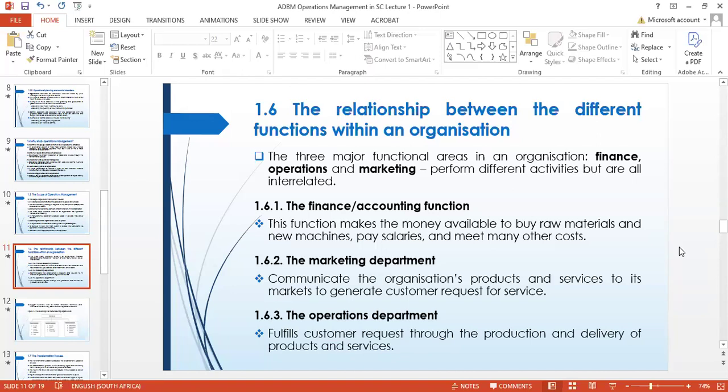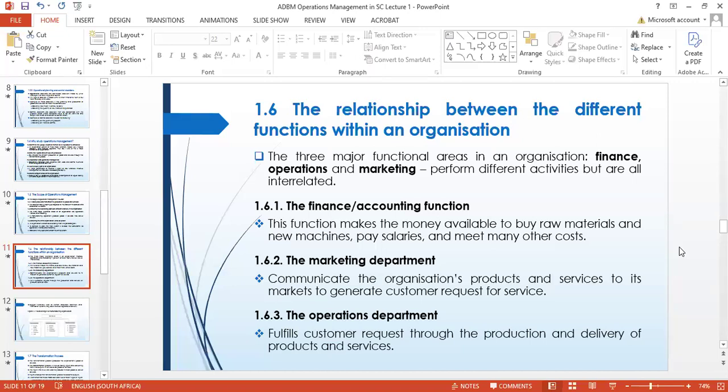The finance department, or the accounting department, provides the money to buy the raw materials, to buy the new machines, and to pay the salaries of the employees who are working. Even if there is maintenance to be done on the machinery, or research and development, the money is going to come from the finance department. New investments by the business, the money is going to come from finance. So it's a very important department in an organization.